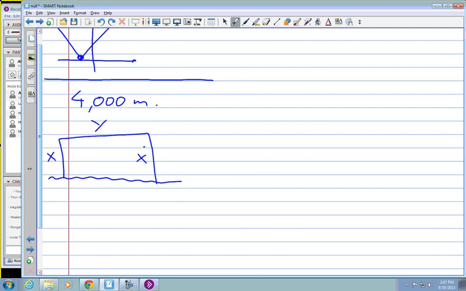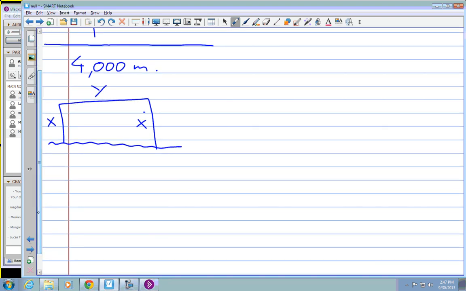So you're trying to maximize the area. What is the area of this region? X times y, right?